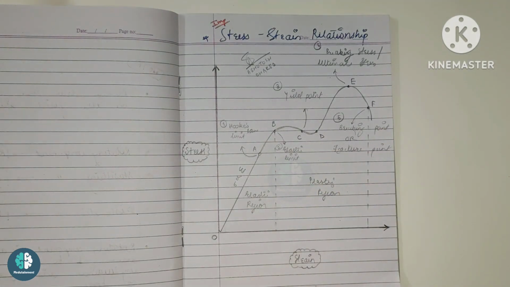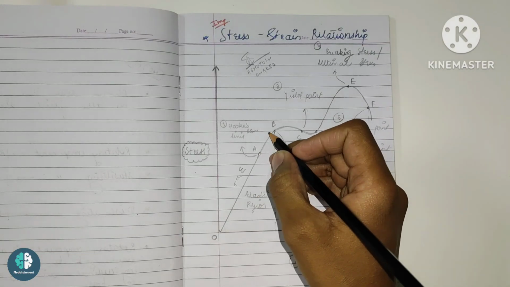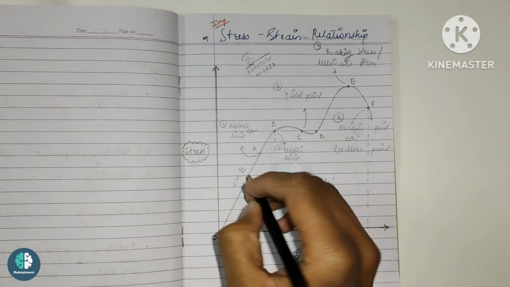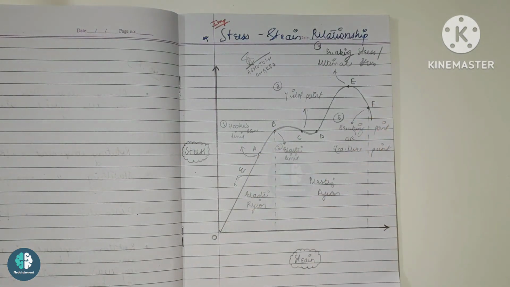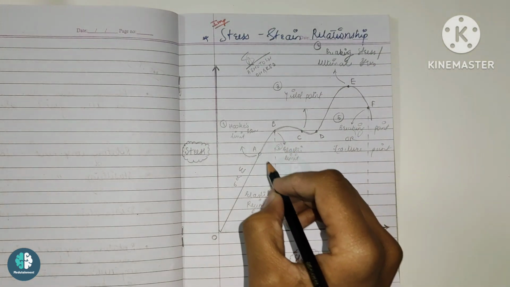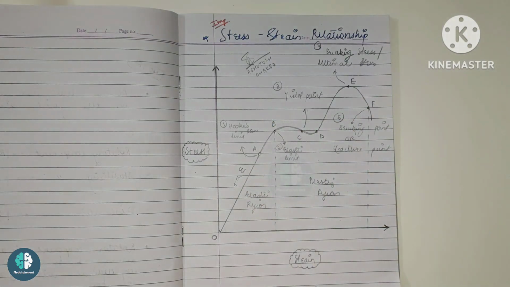So Hooke's law is only obeyed from O till A, and from A to B it is not obeyed. The point B is known as the elastic limit, meaning till here the elasticity of the object or material exists, and after this the elasticity keeps on decreasing.